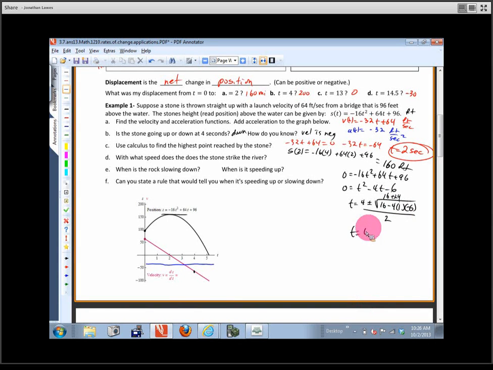So we'll have 4 plus or minus... Do I need the minus one? I don't, not on this one, because we know we're trying to find that positive answer. So this is going to be radical 40 all over 2. And if you throw that into the calculator, did I do that right? Got a radical 40, right? Throw that in the calculator, what do we get?